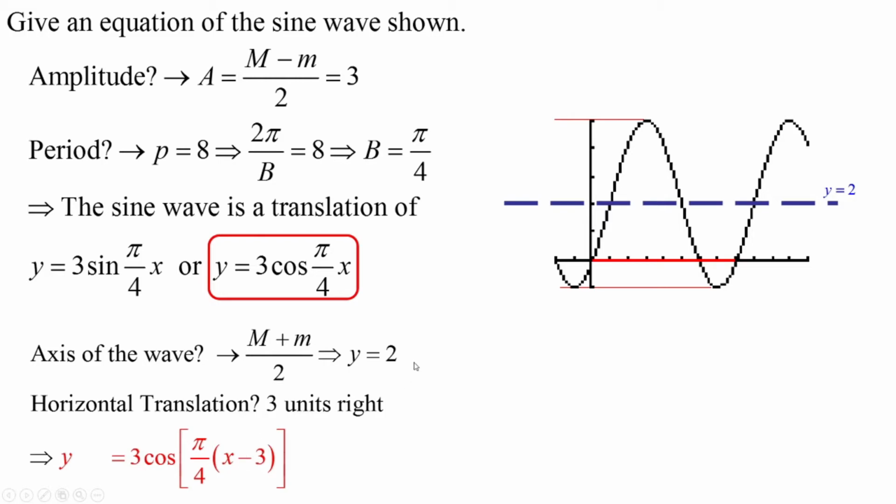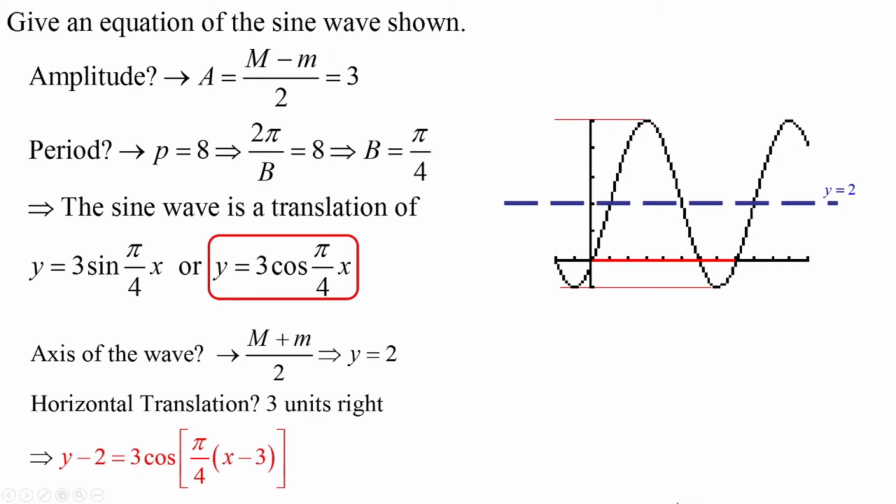And then if I translate 2 units up, I'm going to take this y and subtract 2. And there is the cosine function that represents the transformation of y equals cosine of x to get this beautiful graph right here.